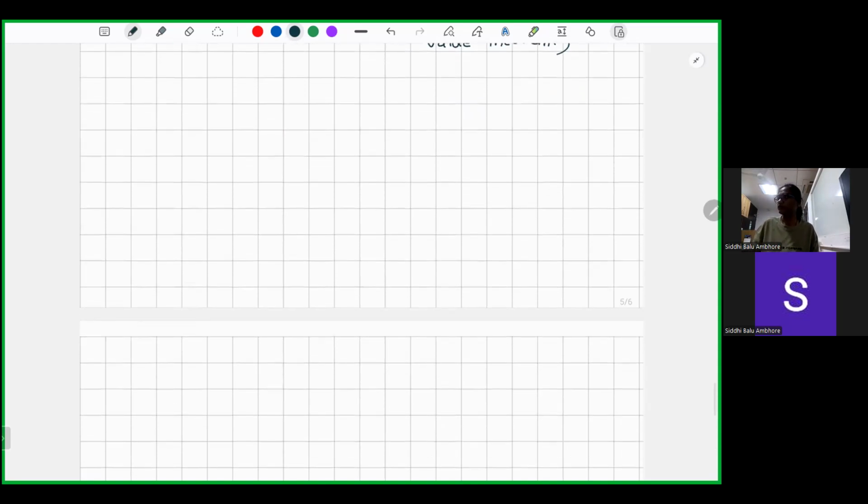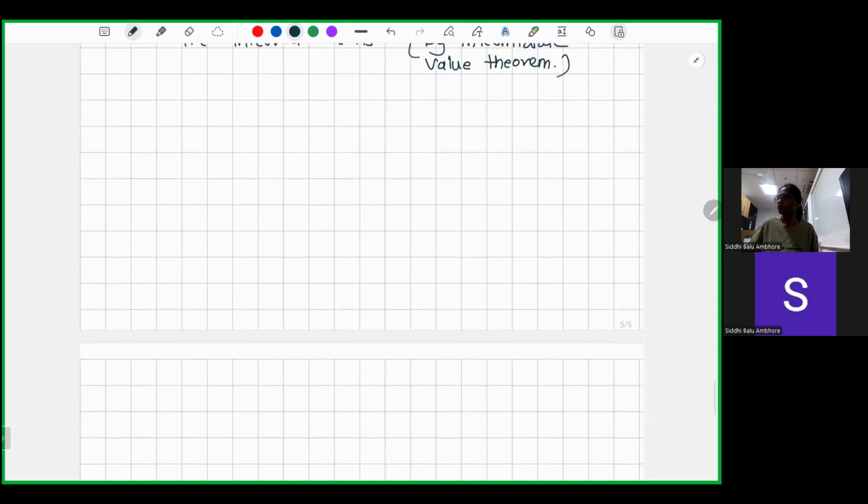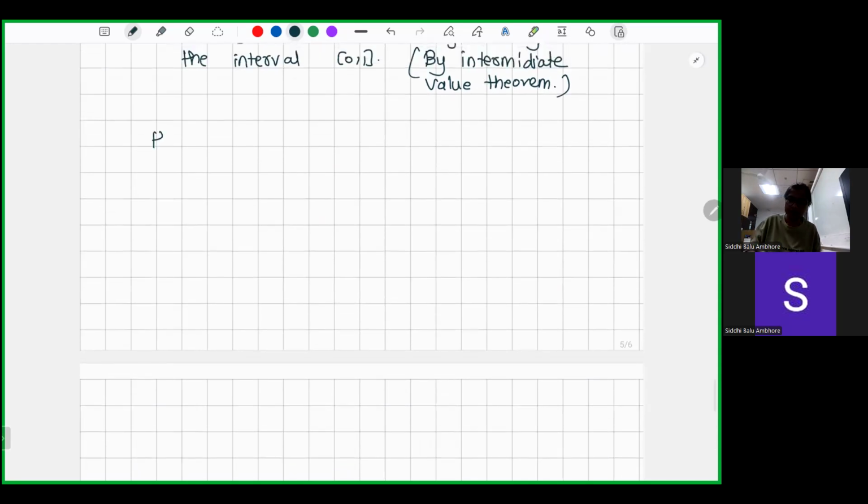So it's enough to check the sign at t equal to 0, right? Hence it is enough to check the sign at t equal to 0.